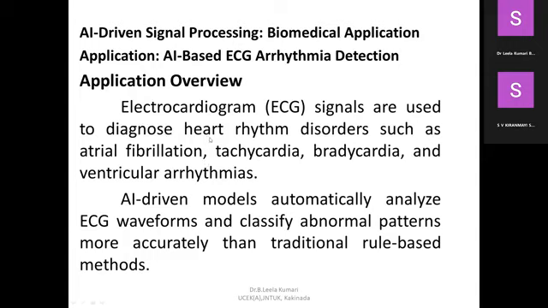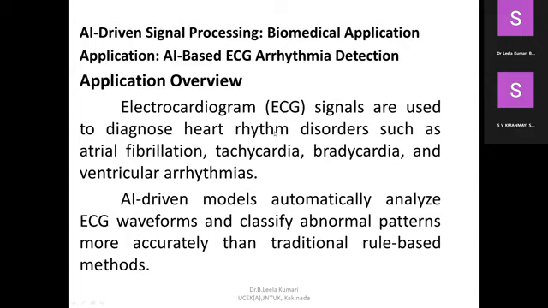Okay. So here the traditional ECG analysis depends heavily on manual inspection, fixed thresholds, and simple morphology-based algorithms. Whereas the AI model learns complex variations in ECG, subtle abnormalities, and patient-specific patterns. Based on this, accuracy, sensitivity, and early detection improve significantly.